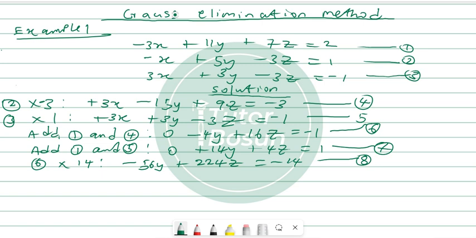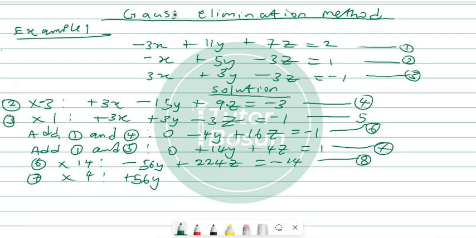Similarly, equation 7 multiplied by the coefficient in equation 6, and that's 4. That's plus 4 times 14y, so we have plus 56y. And you can see if you just add the two together, then it cancels out.